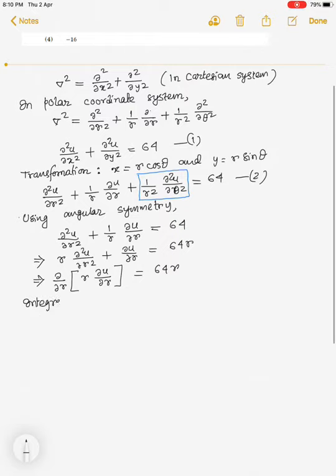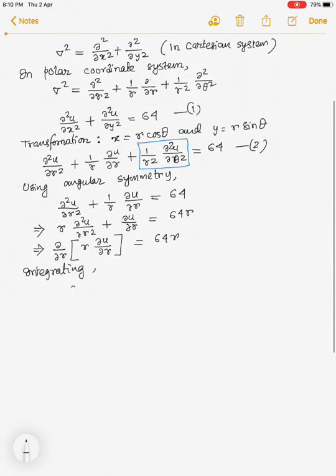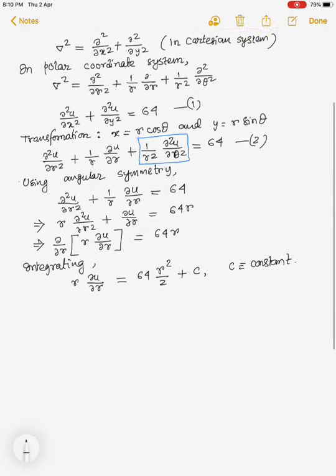Now integrating, we have r del u del r is equal to 64 into r square by 2 plus some constant c, where c is a constant.